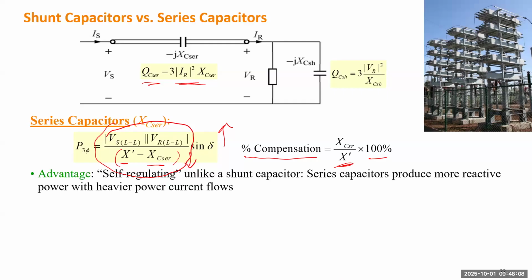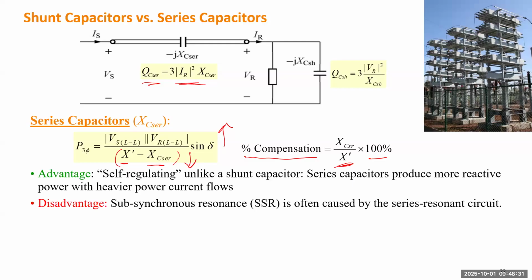So the advantage is that it is self-regulating. Self-regulating means it doesn't depend on voltage, but it depends on current. So when your system needs a lot of reactive power, the current usually is also high. That actually makes the series capacitor provide more reactive power under heavily loaded conditions.